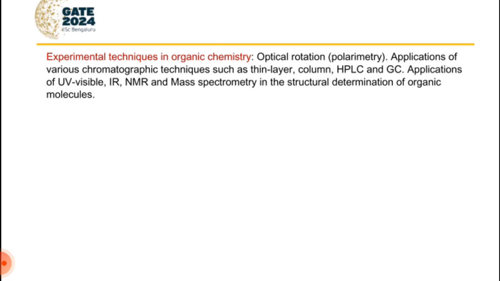Experimental techniques in organic chemistry: optical rotation, polarimetry, application of various chromatographic techniques such as thin layer, column, HPLC, application of ultraviolet-visible, IR, NMR and mass spectrometry in the structure determination of organic molecules.